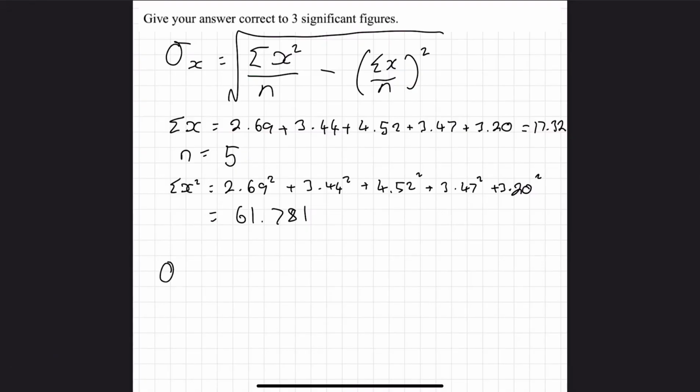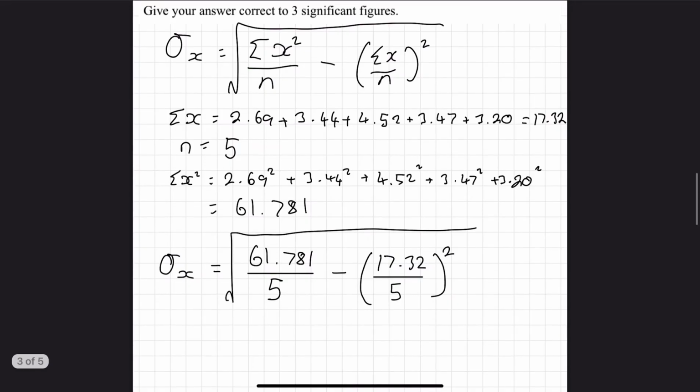So our sigma x, or standard deviation of x, is our sum of x squared, which we figured out was 61.781, divided by the number of terms n, which is 5, minus the mean, which is your sum of x, which is 17.32, divided by number of terms in the list, 5, squared, and we take the square root of that.